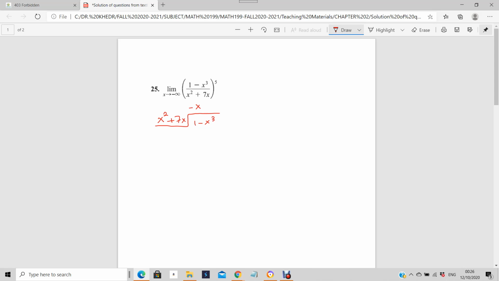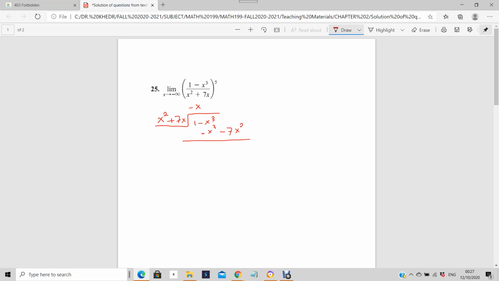And then perform the multiplication now. Minus x has to be multiplied by the whole term. So minus x multiplied by x squared is minus x to the power of 3. So you write it under minus x to the power 3 up here. And then minus x multiplied by 7x is minus 7x squared.